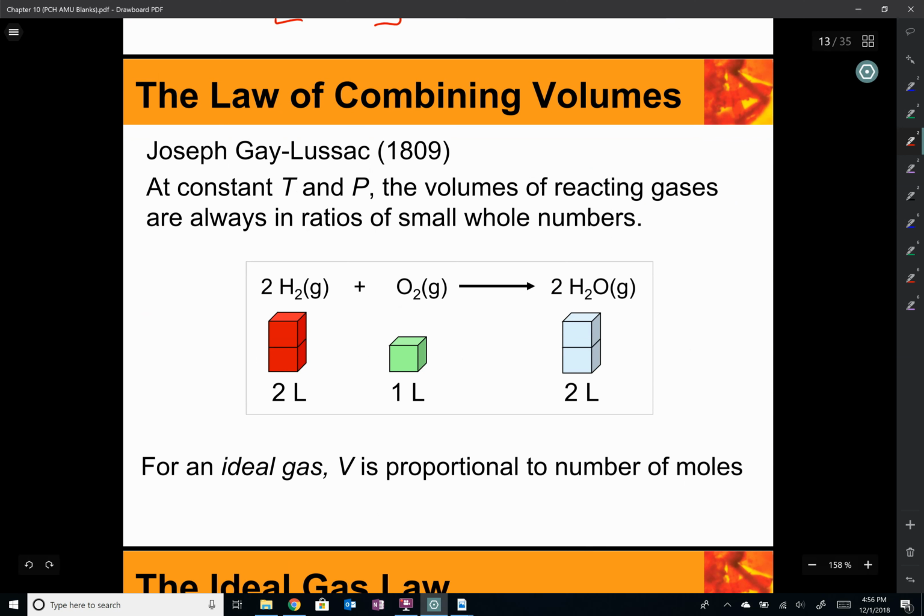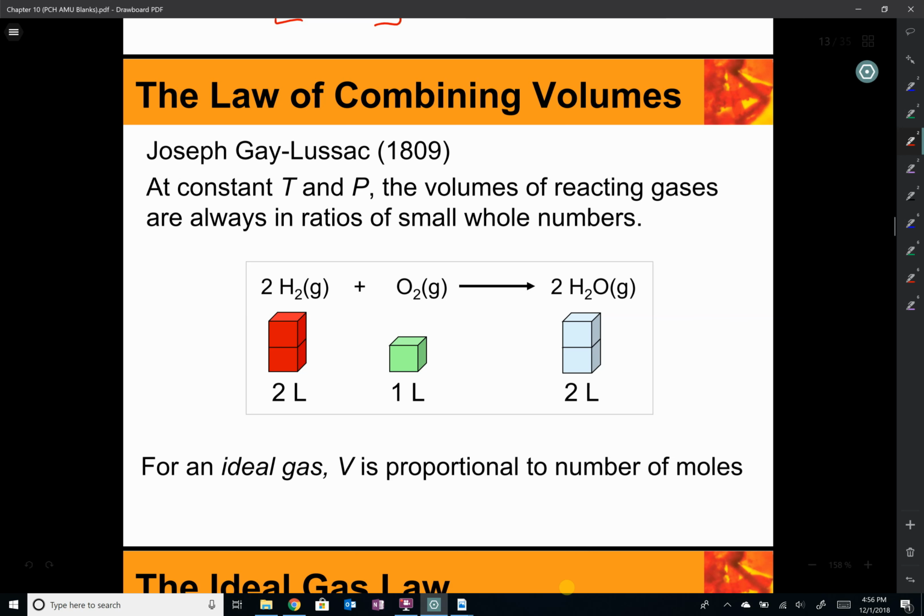One last thing to pay attention to: at constant temperature and pressure, the volumes of reacting gases are always in ratios of small whole numbers. Essentially what this is saying is that volume is proportional to the number of moles.